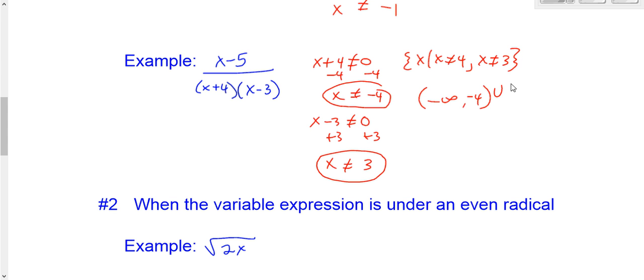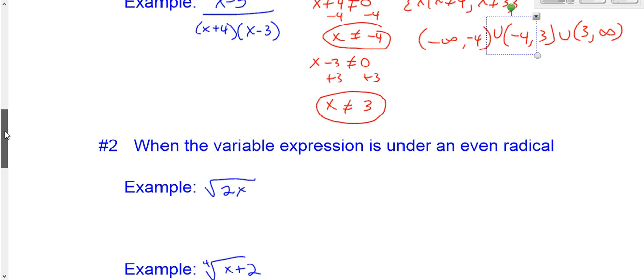So we're going to have a union, and we're going to go from negative 4 to 3, and then we can finally go from 3 all the way to positive infinity. So this is showing that we're going from negative infinity all the way to positive infinity, once we include all three of these intervals, but we're skipping over negative 4 and we're skipping over positive 3.